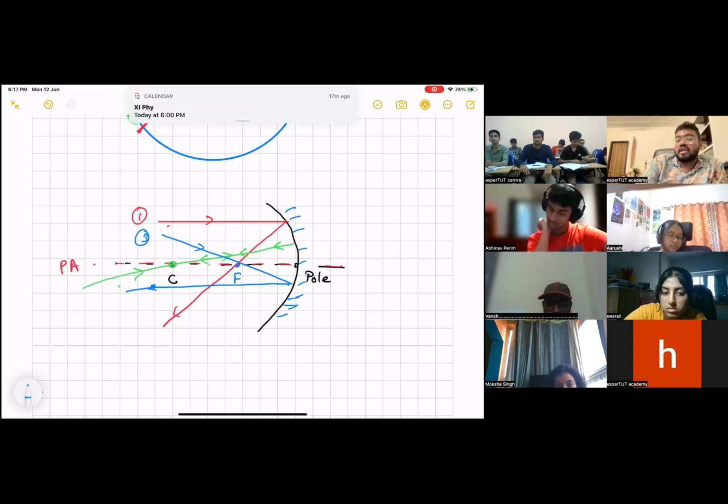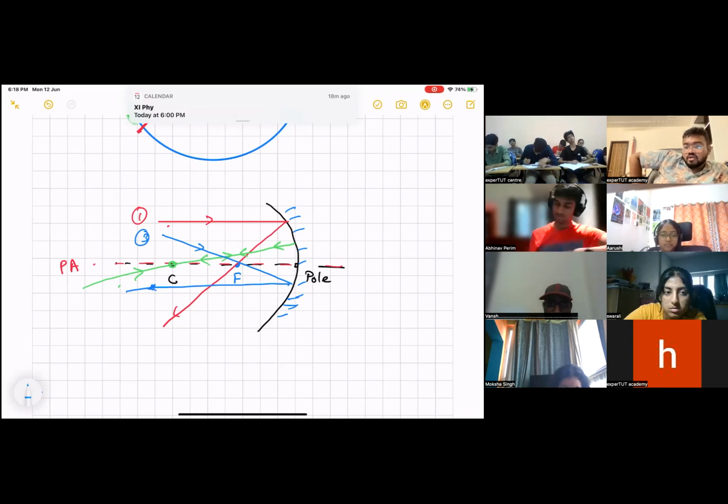I write these three statements. Light passing parallel to the principal axis will pass through the focus. Quickly write.